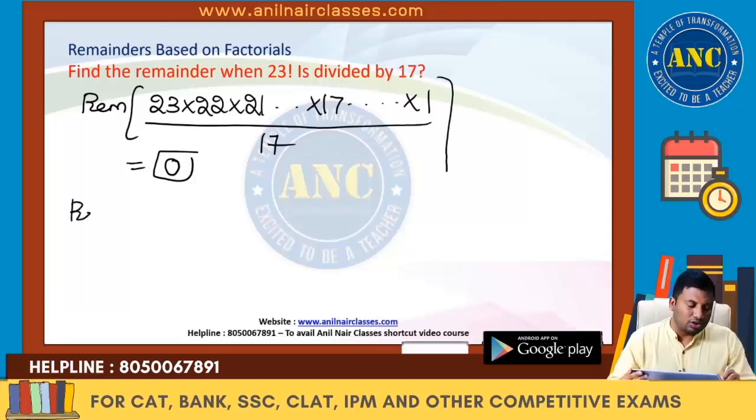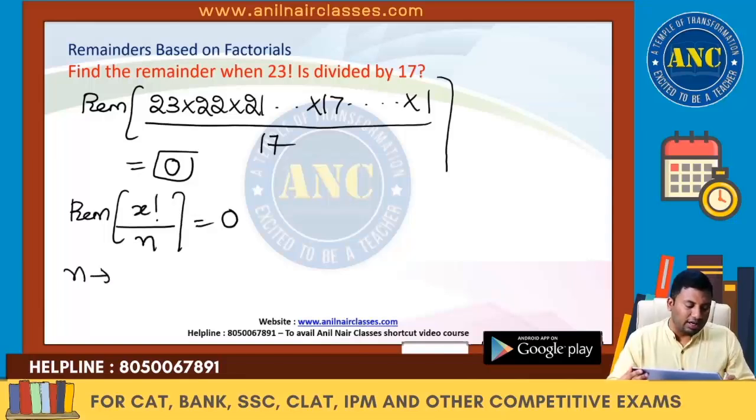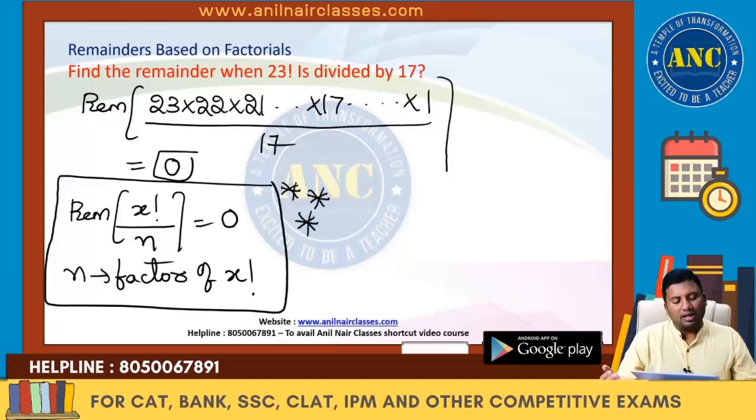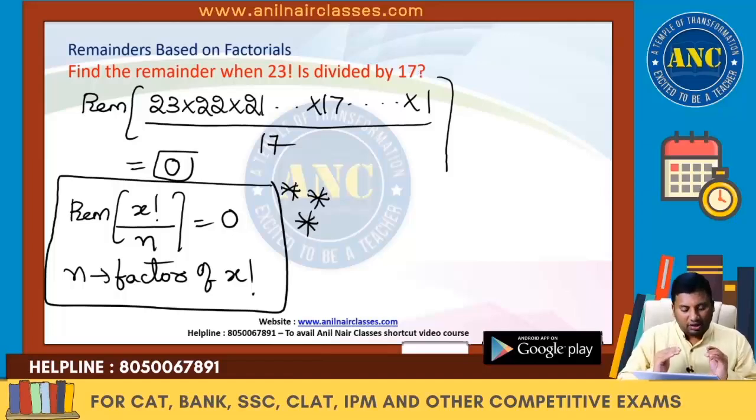In other words, the remainder when x factorial is divided by n is 0 if n is a factor of x factorial. I hope this idea is clear.